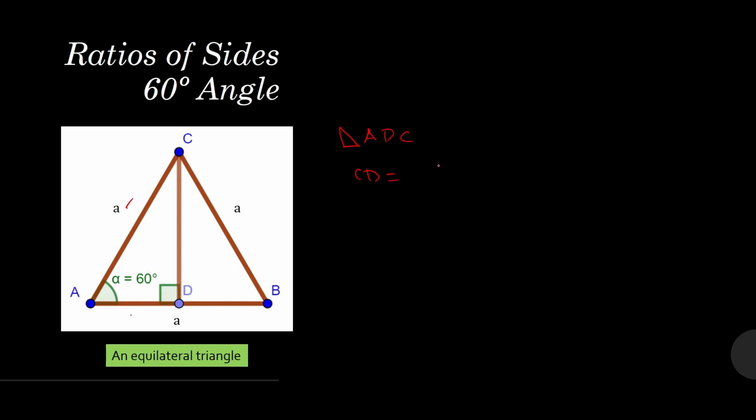So using your Pythagorean formula, it's equal to the square root of A squared minus the square of 1/2 of A. And it's equal actually to square root of 3/2 times A. That is the length of side CD.